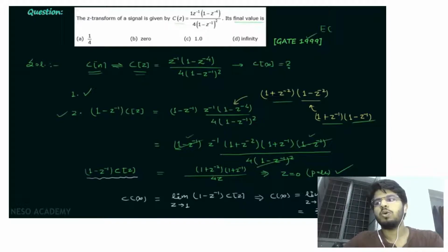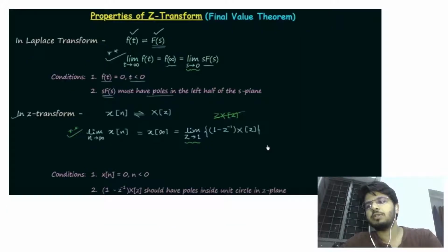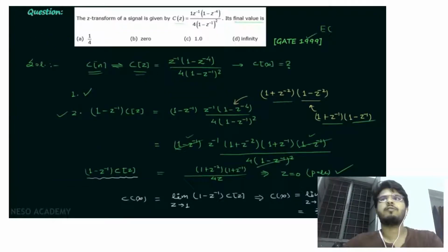The first condition was that all the values of the input signal where n is less than 0 must be 0. We have not been provided with any region of convergence here, so we have to assume that it is true in this case. So the first condition is satisfied by our assumption that all the values of the input signal where n is less than 0 are 0.